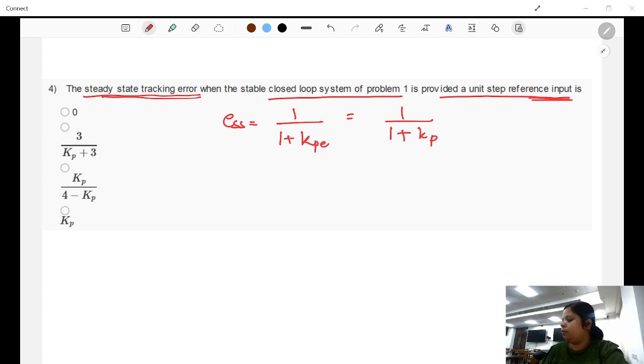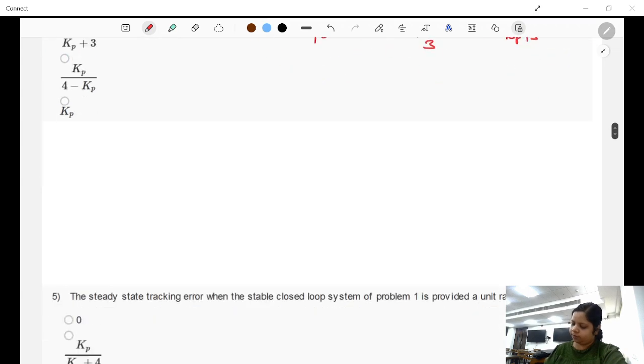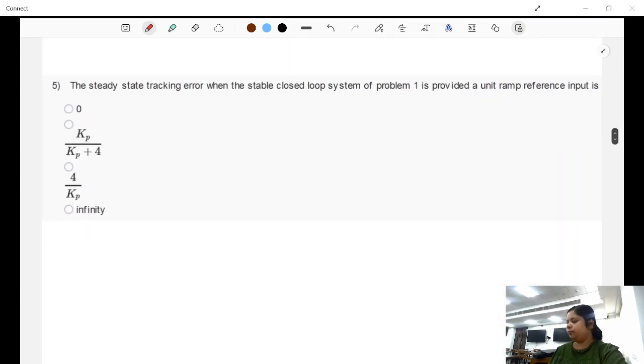Then it is 1 upon 1 plus Kp upon 3 in our case. So it is 3 upon Kp plus 3. Alright. So this is your answer. Okay. We'll move to the next question.